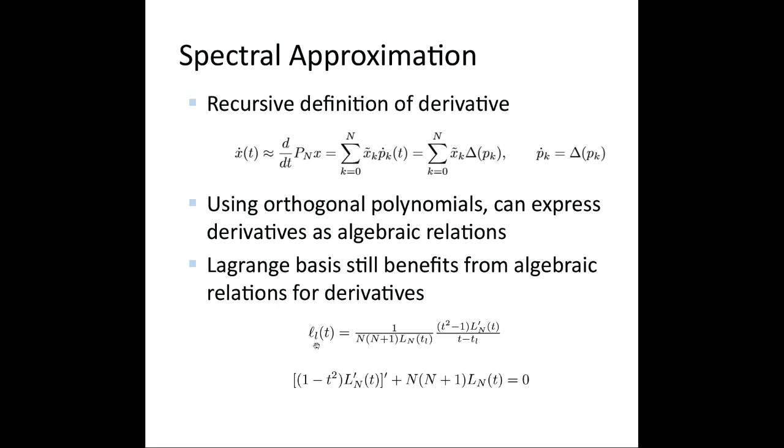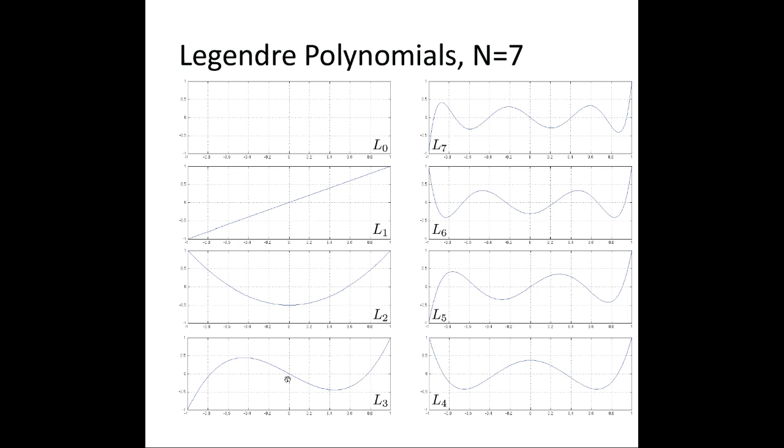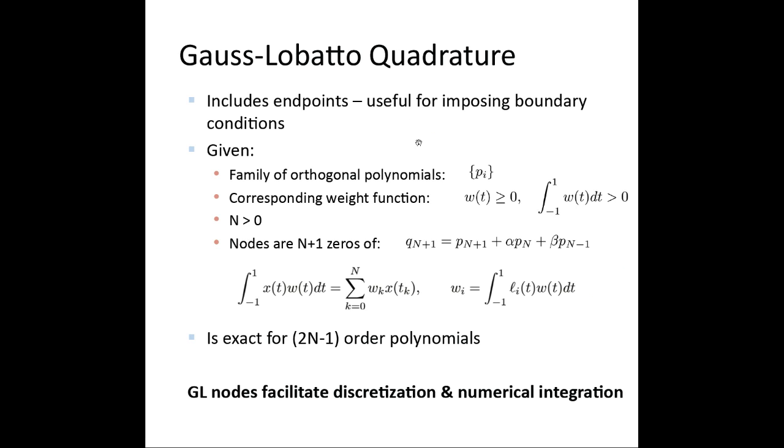So we can write the Lagrange polynomials in terms of Legendre polynomials, which follow this differential equation for generating the nth Lagrange polynomial. So the Legendre polynomials up to order 7 look like this on the interval -1 to 1. And we can use them for Gauss-Lobato quadrature.